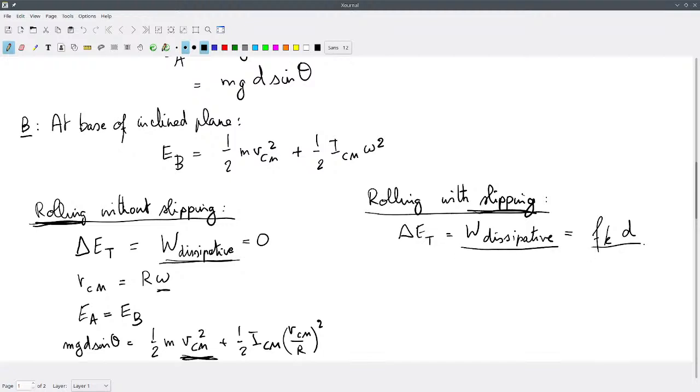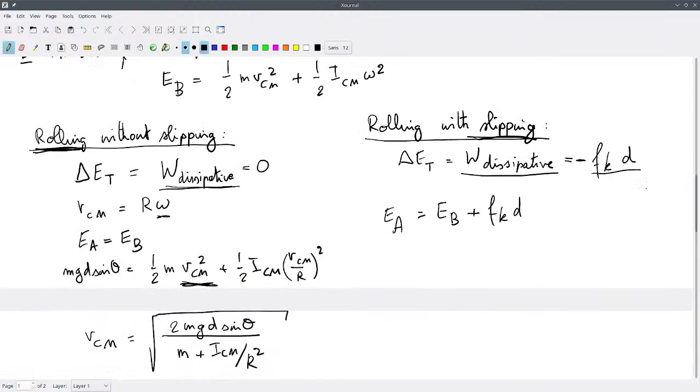And so that means there will be an energy loss, and EA will be equal to EB plus the dissipative energy loss. I think technically I should have a minus sign here.